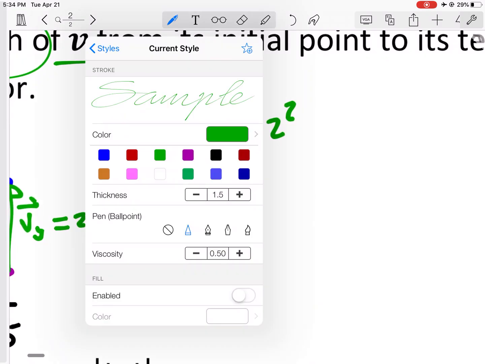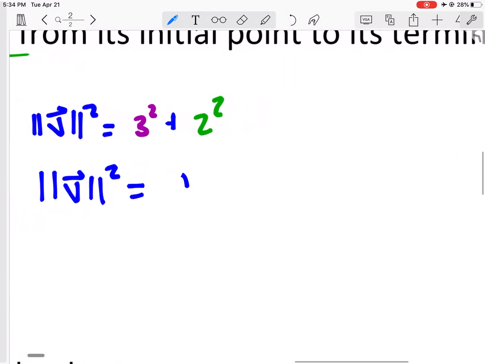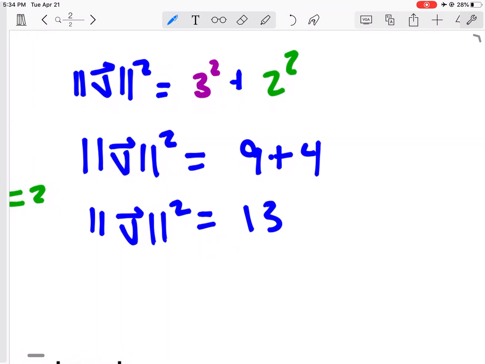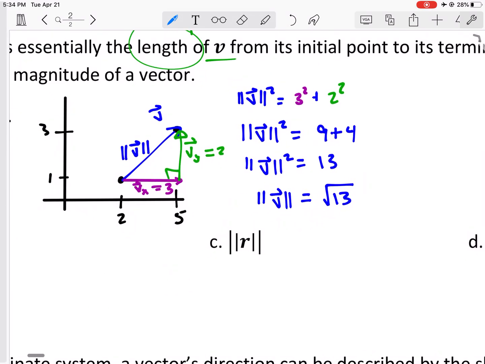Then just simplify our equation. We still have the magnitude of the vector v squared. 3 squared is 9, plus 2 squared is 4. Sum those together, so the magnitude squared is equal to 13. Take the square root of both sides, and you should find that the magnitude is equal to the square root of 13. So we have just calculated the magnitude of our vector v.